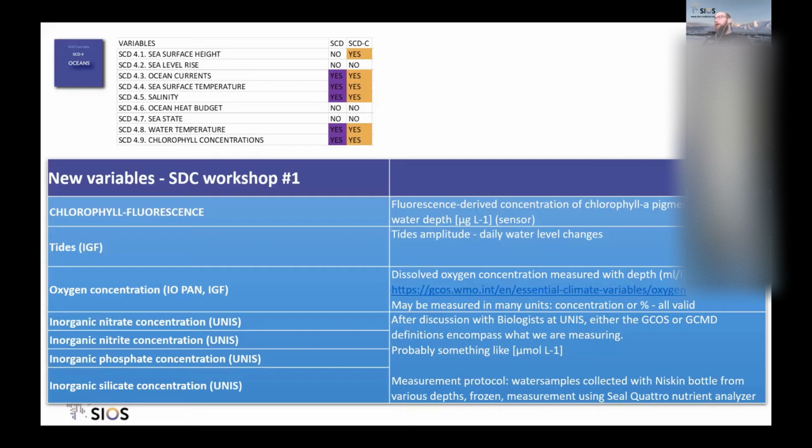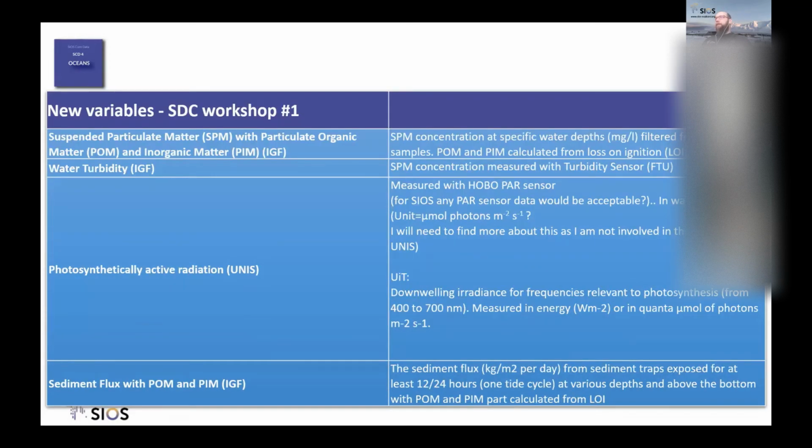Going to the last domain, related to the oceans, you can see that we are covering almost all of the variables. There are some gaps in sea level rise, where there was a discussion about the definition, and also in ocean heat budget or sea state. But most of them will be cut due to unclear definitions, or because there is no one around Svalbard who can measure these parameters, and it's not really sure if they are relevant for the SIOS community.